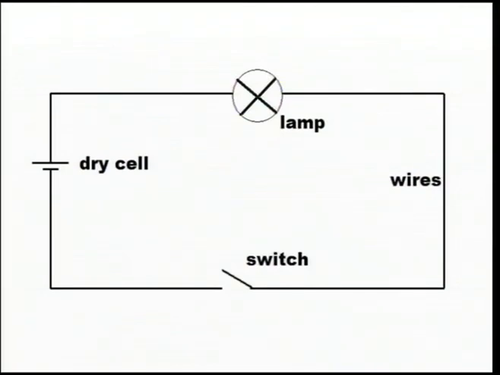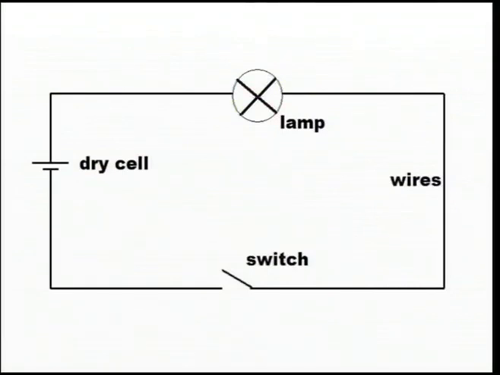The lines represent the wires. The lamp is represented by a circle and an X in it. And we have a cell there, a dry cell, which is 2 strokes. One is longer than the other. So that's how a simple circuit diagram is.